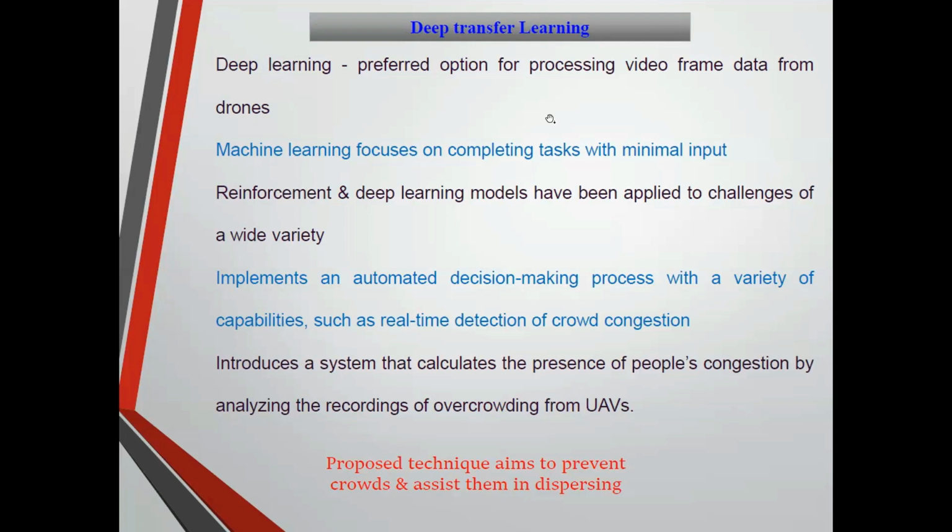So in that case, in determining the overcrowding event, our proposed technique aims to prevent the crowds and assist them in dispersing. So the decision making does not face the challenge of high computational complexity that I discussed.